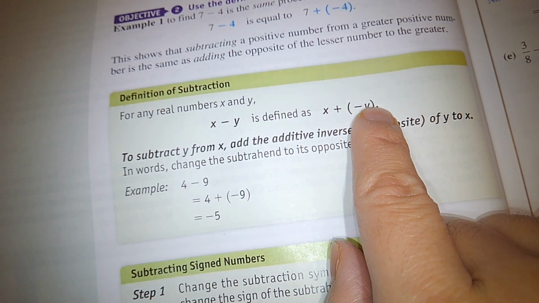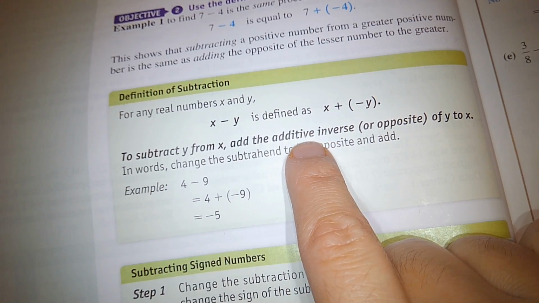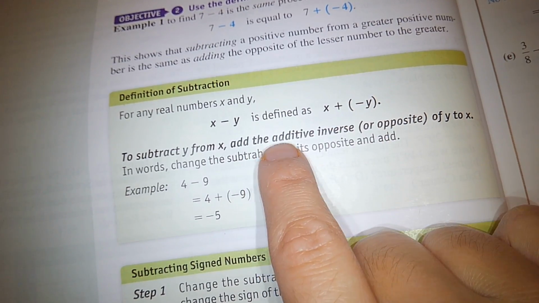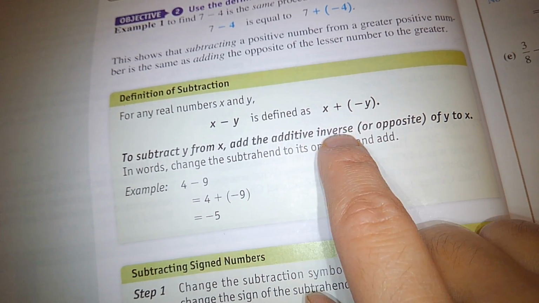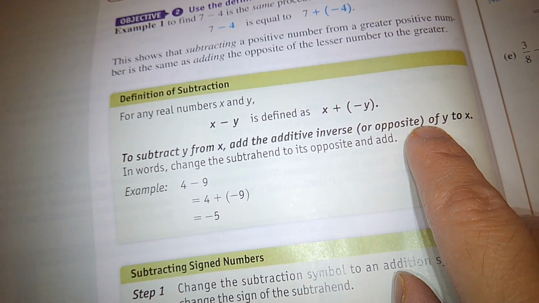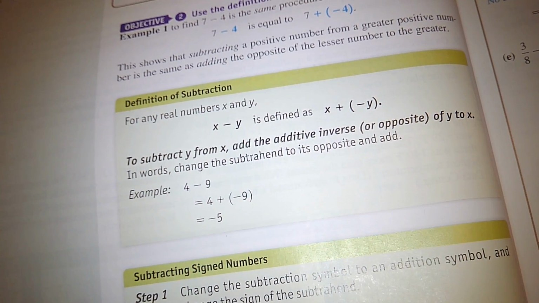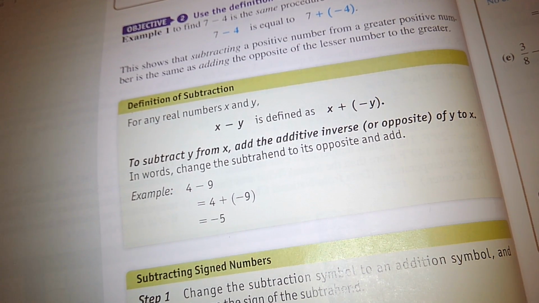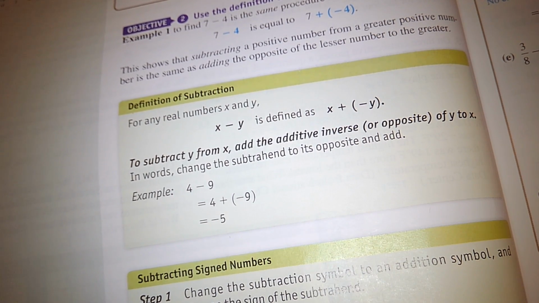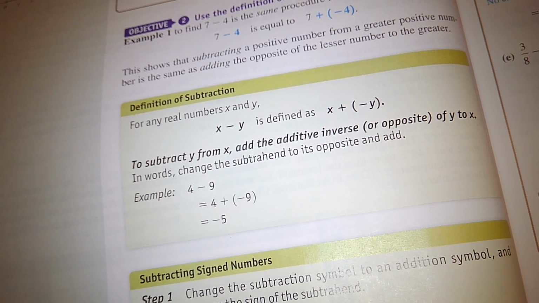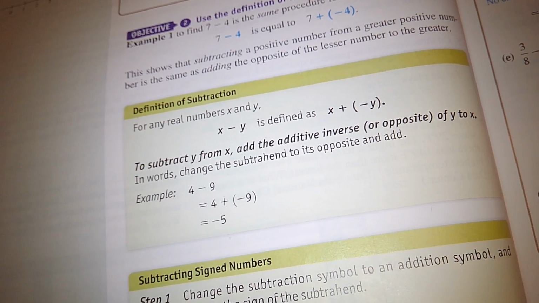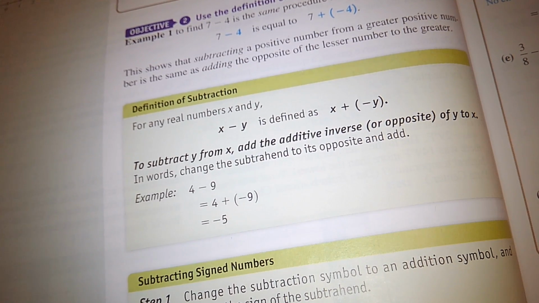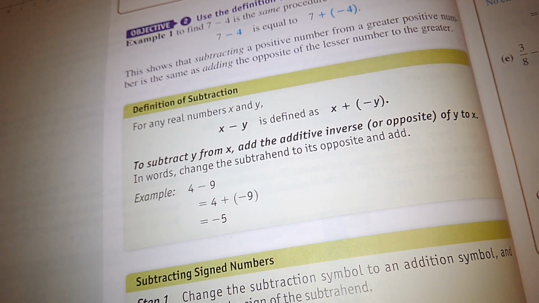Negative y is called the additive inverse or opposite of y. For example, 5 and negative 5 are a pair of additive inverses, meaning the sum of these two equals 0. 2 and negative 2 are a pair of additive inverses or opposites.